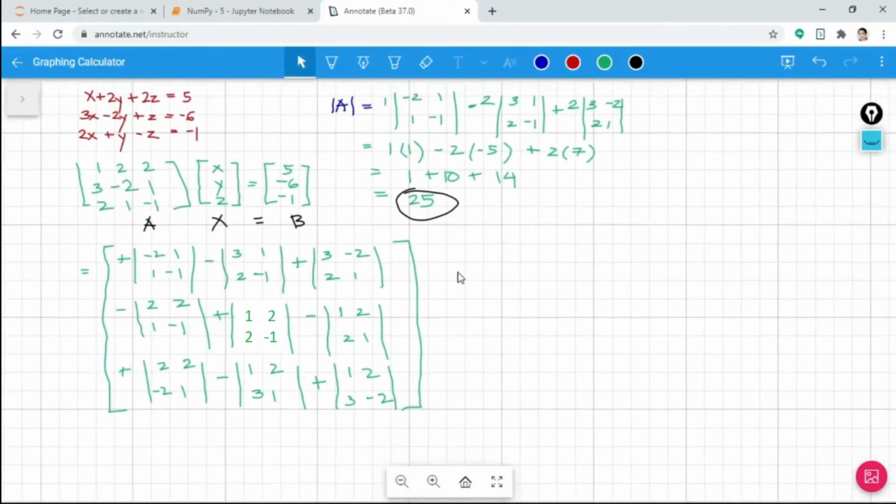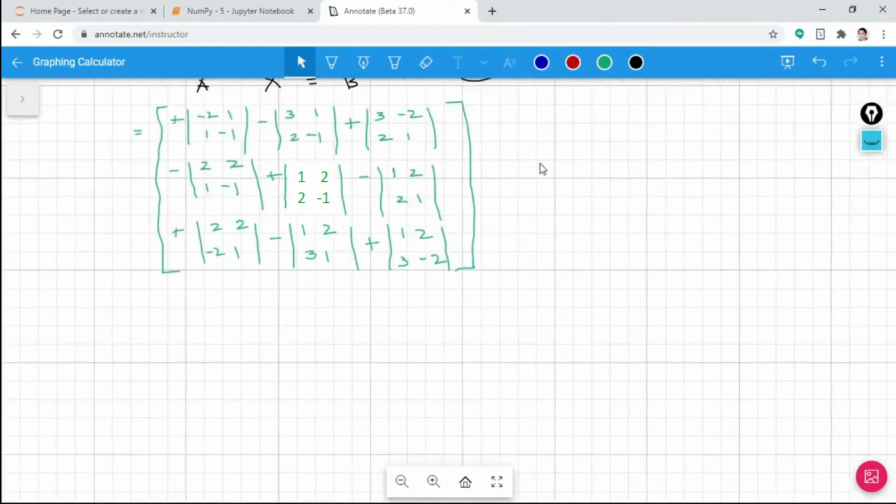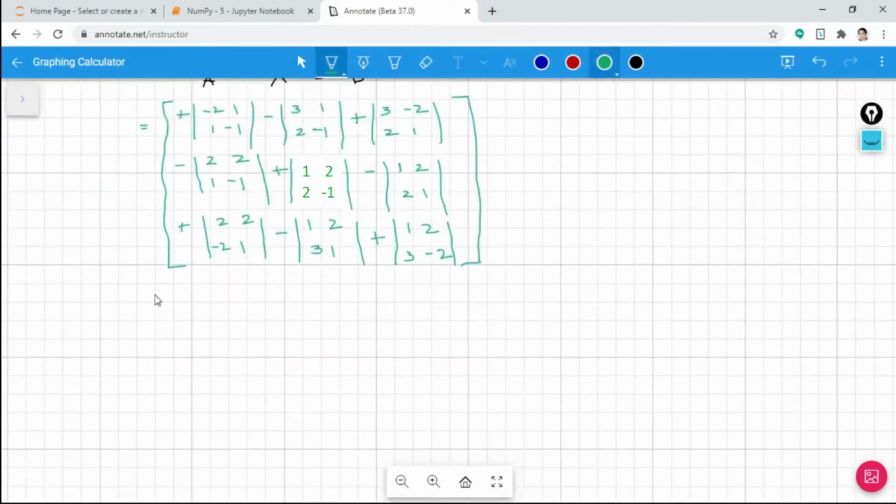Okay, so we solve for the specific value. So this one, let's have a matrix right here. This one is positive 2. So negative 2 times negative 1 is positive 2, minus 1, so this will be 1. Then this will be minus.